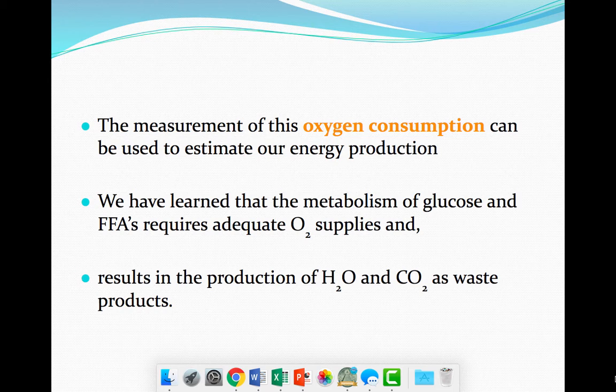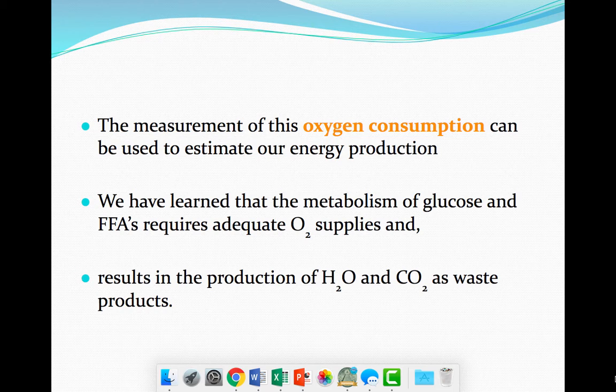Because the amount of oxygen that you consume is directly related to the oxidative metabolic pathways, we can actually use the amount of oxygen that you consume to estimate your energy production.